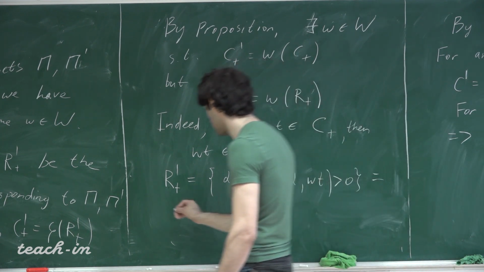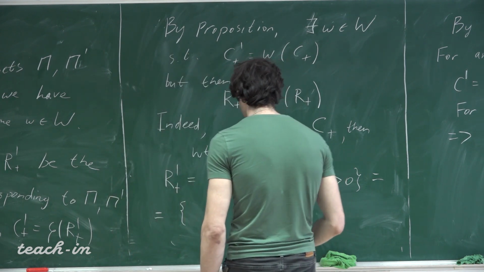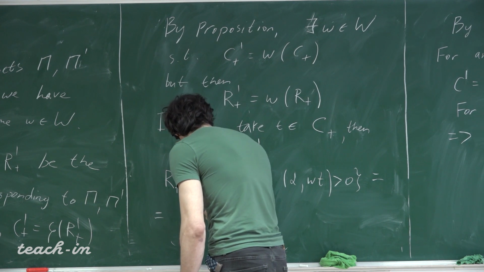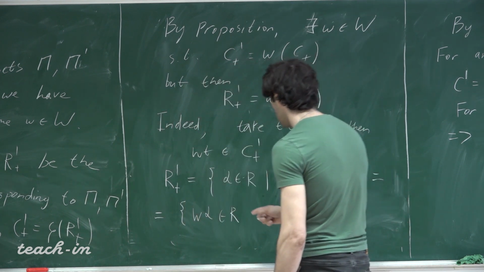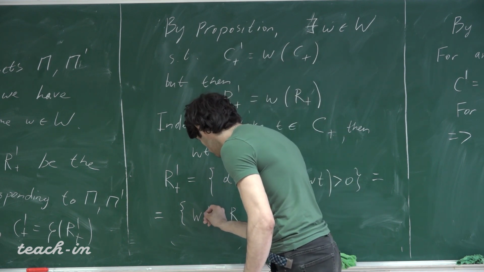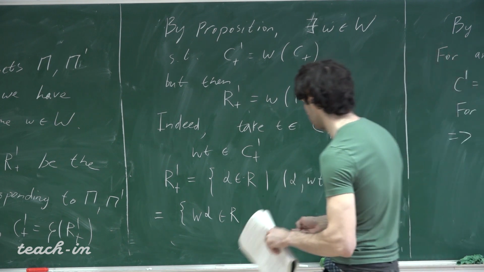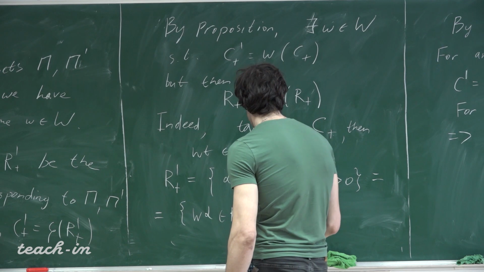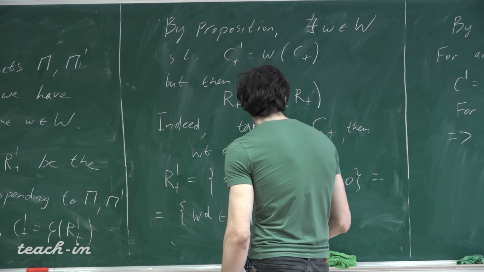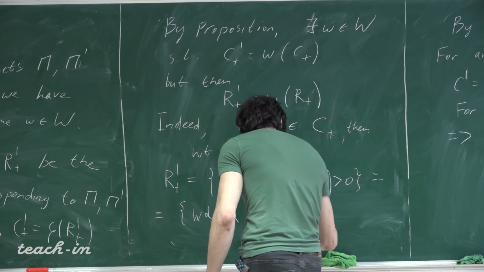But this set is the same as the following set. It's W alpha in R such that W alpha with WT is greater than 0.